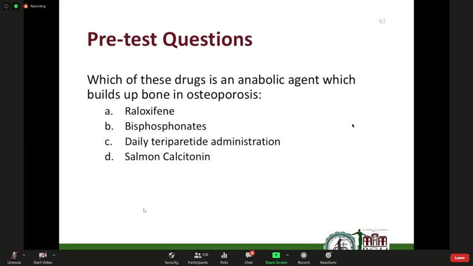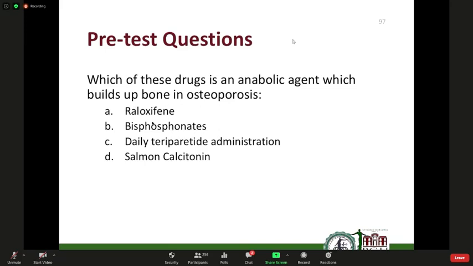Okay, next. Which of these drugs is an anabolic agent which builds up bone in osteoporosis? Sorry ma'am, last question na yan ma'am. Wala nang last na. Okay, so maybe I can just show them the question. Which of these drugs is an anabolic agent which builds up bone in osteoporosis? Okay, so raloxifene is the SERM, diba?